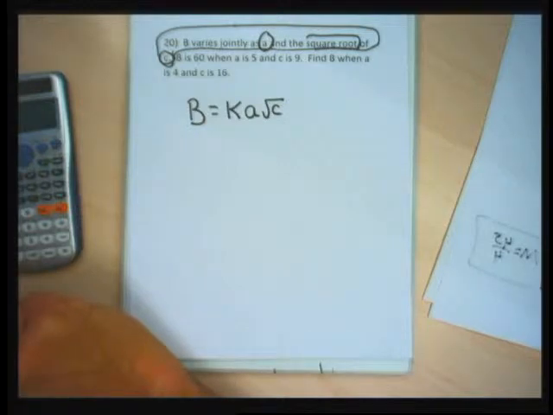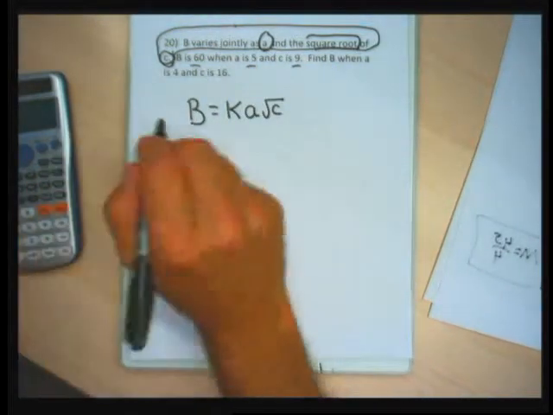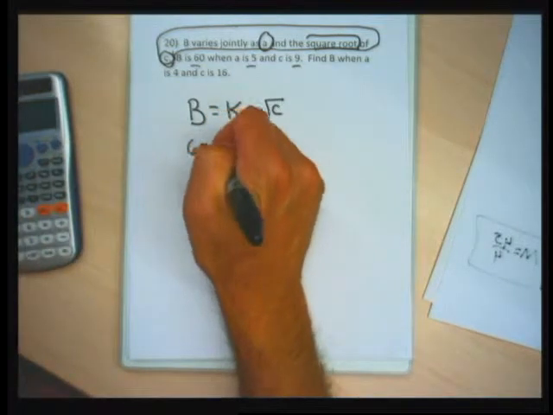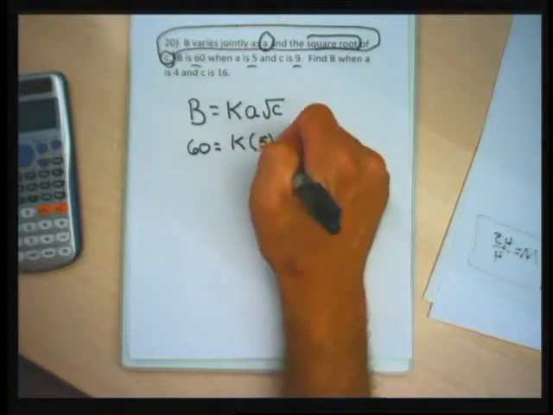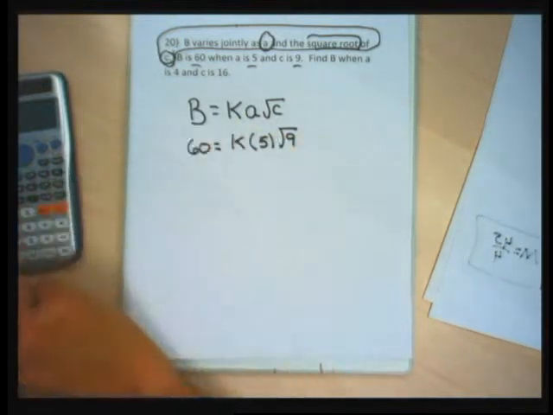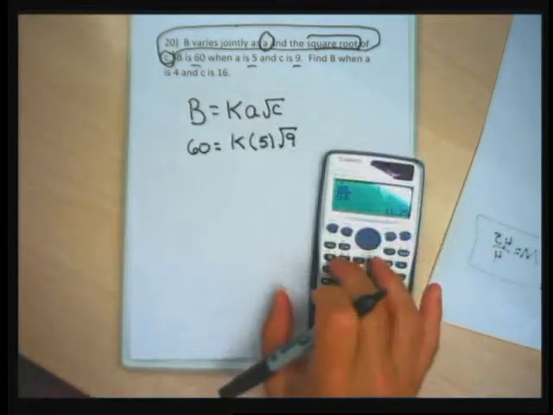Next step, I'm going to take the numbers 60, 5 and 9 and plug them in. 60 for B. I'm leaving K alone. 5 for A. 9 for C. I put the A in parentheses to make the multiplication stand out. I'm going to do the square root of 9, which is 3.